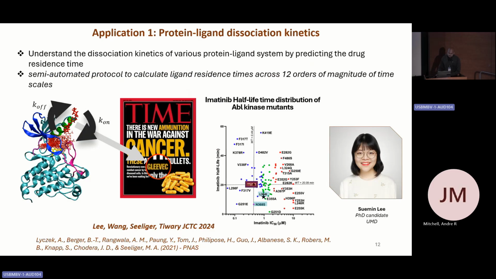Going to the applications, I'd like to highlight our very recent paper where Sun and Lee in our lab worked on looking at different pairs of proteins and ligands and calculating dissociation kinetics, where the residence time spans across 12 orders of magnitude. One interesting example is the Abl kinase and imatinib system. We looked at different mutants of Abl kinase and at how the dissociation differs between them.